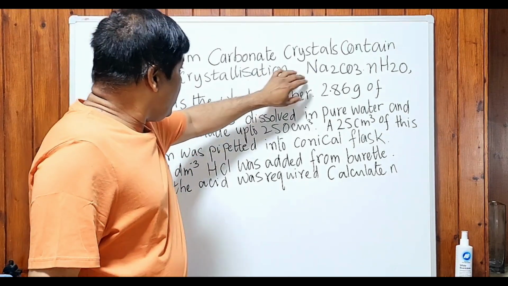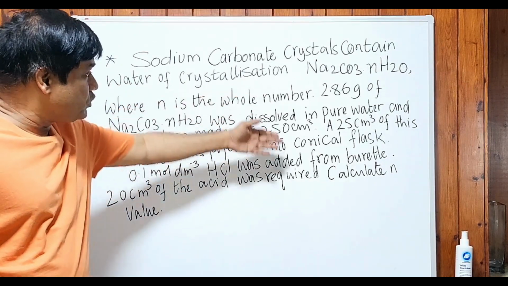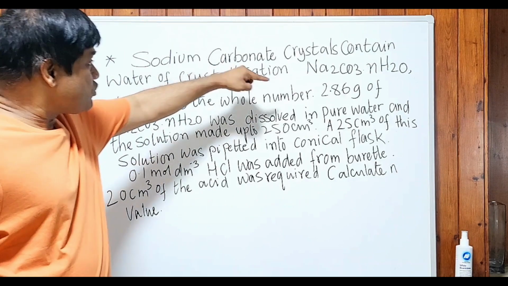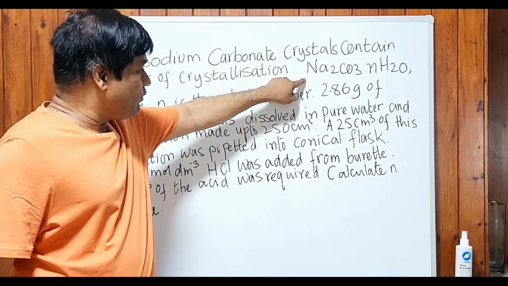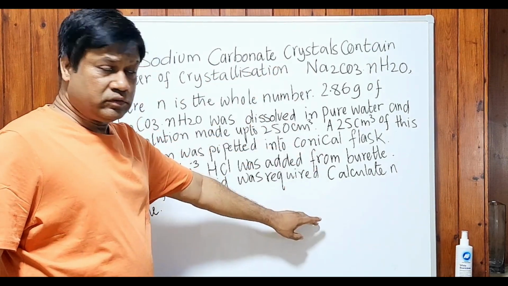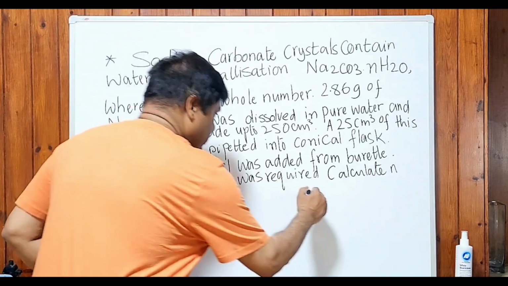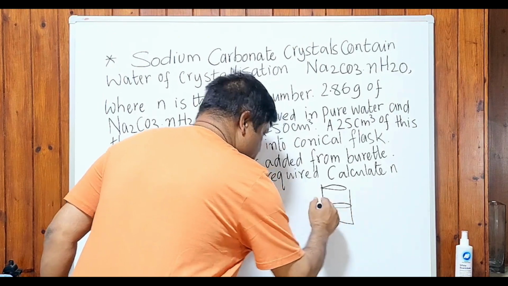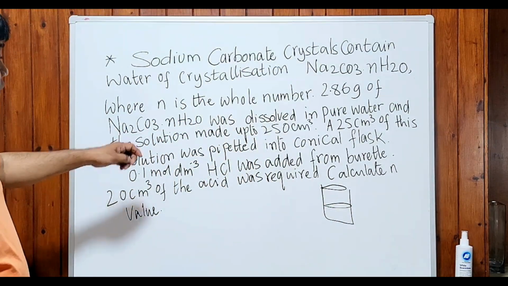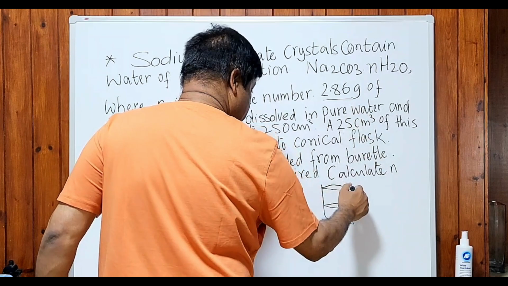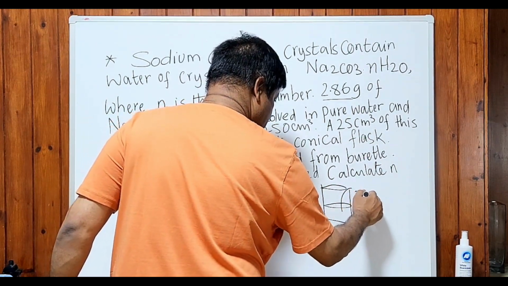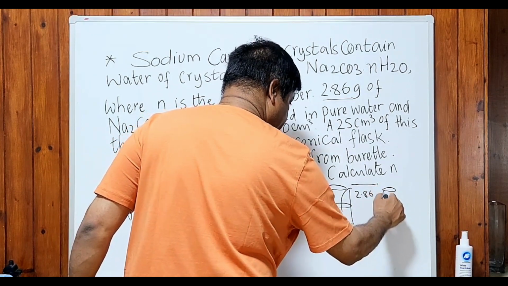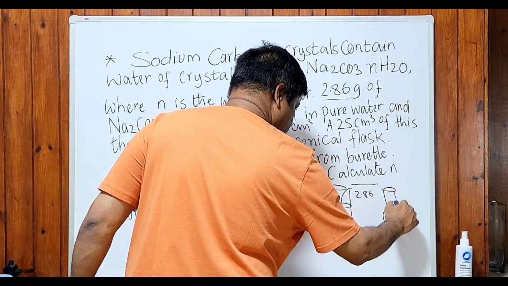Now, the mass of the hydrated salt is given to you, which is sodium carbonate, and that hydrated sodium carbonate we dissolve in water. Like, take a little amount of hydrated salt. How much hydrated salt is given to us? Look at 2.86. We take 2.86 gram and make a solution up to 250.